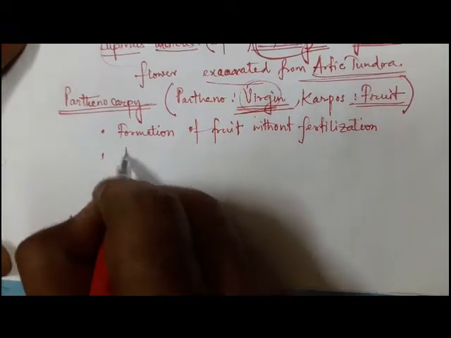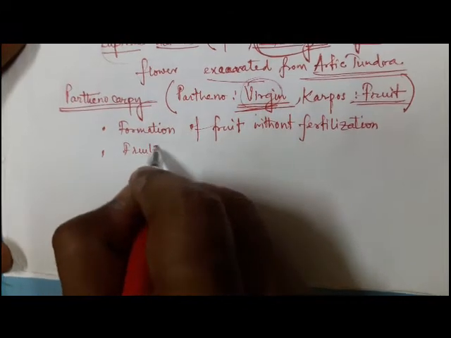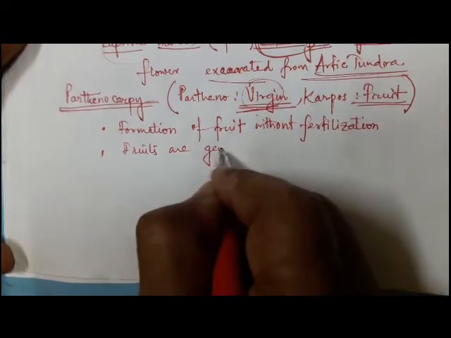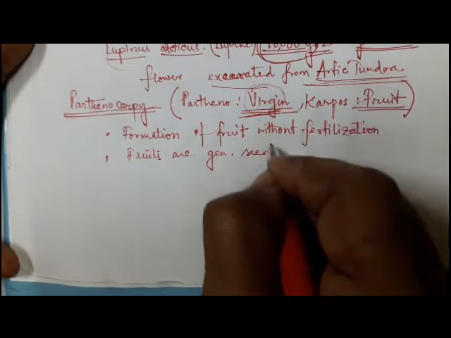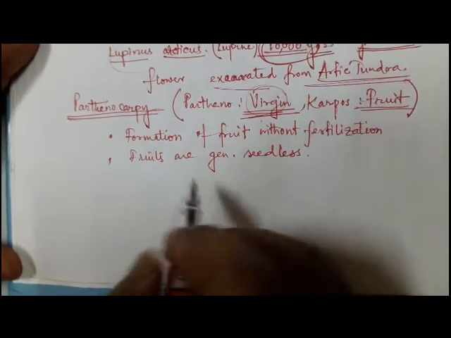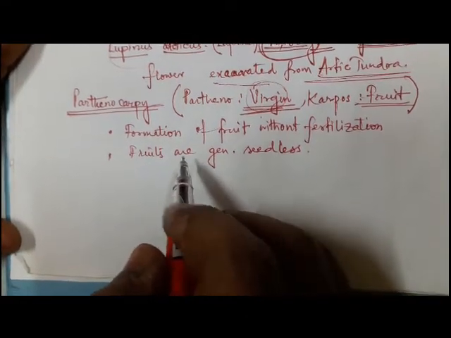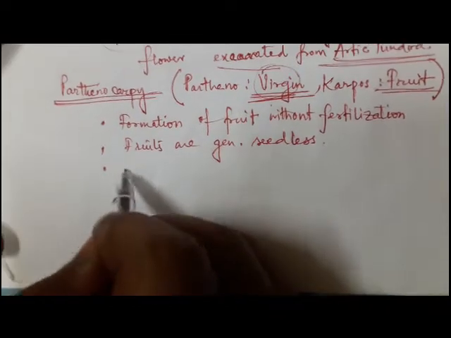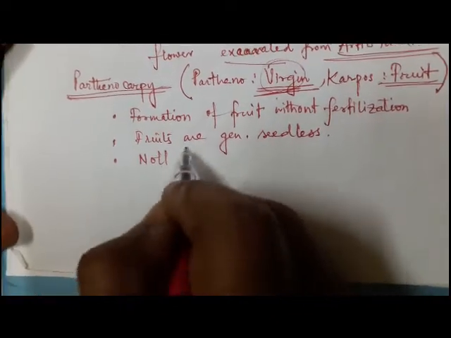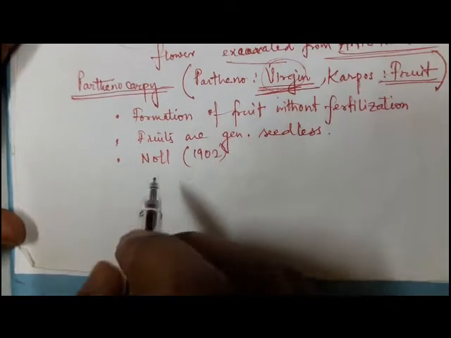And here in this case, it is seen that the fruits are generally seedless, right? Another thing, it was discovered by Noll in the year 1902.